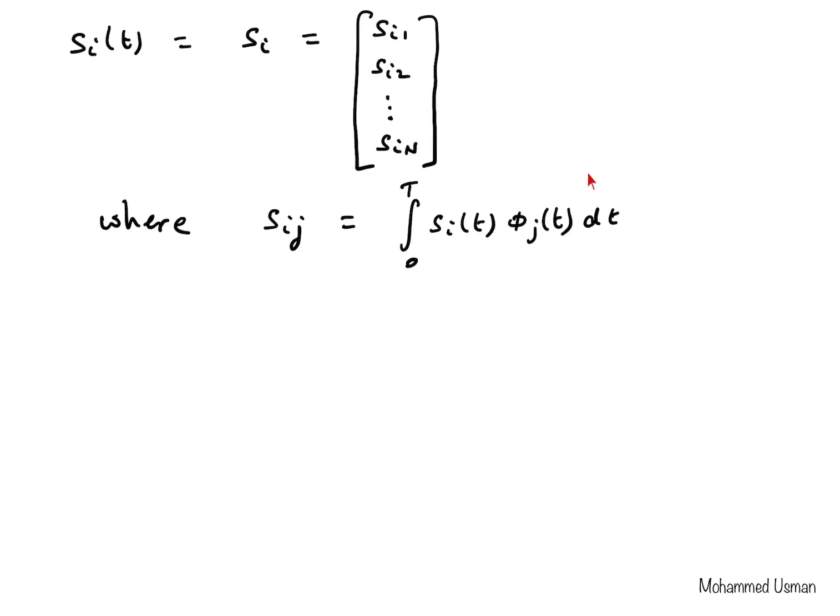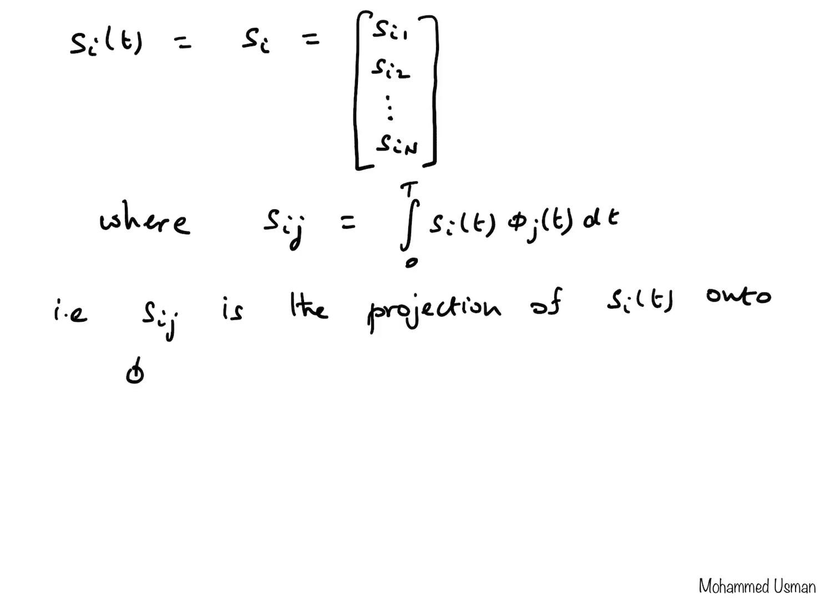So these elements of the vectors are nothing but the projections of the signal onto the basis functions. So let me write that: Sij is the projection of Si of t onto phi j of t.